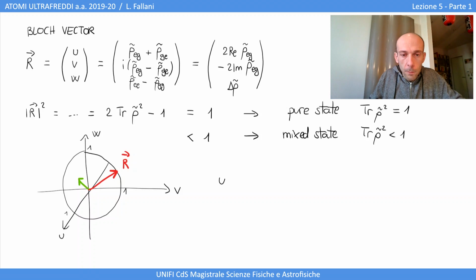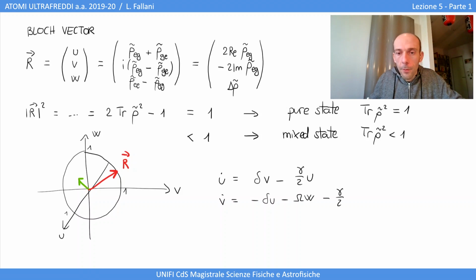The u time derivative is delta v minus gamma half u. V dot is minus delta u minus omega w minus gamma half v.